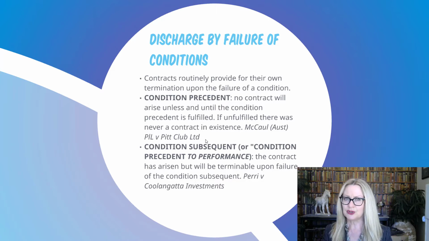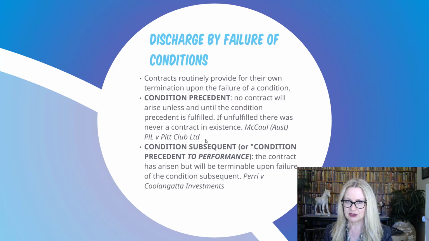So courts usually will specify that this kind of term, where the parties need an event to occur before either of the parties will perform their obligations, will be a condition subsequent or condition precedent to performance. That is, you don't have to perform unless this event occurs.